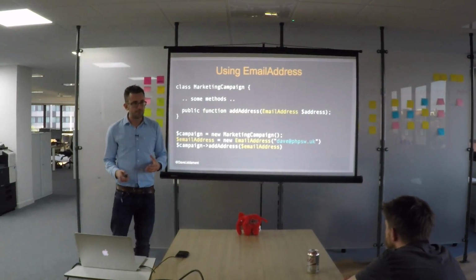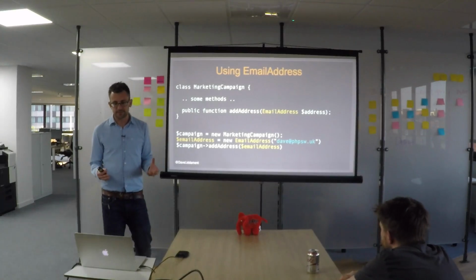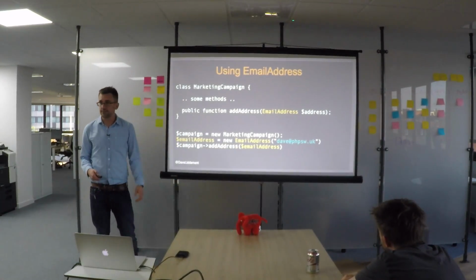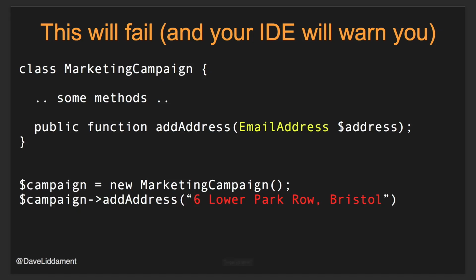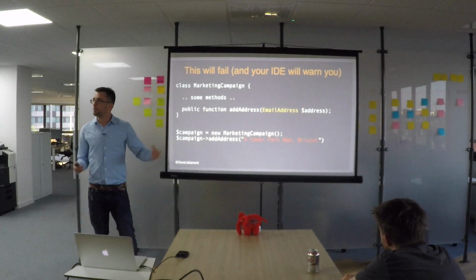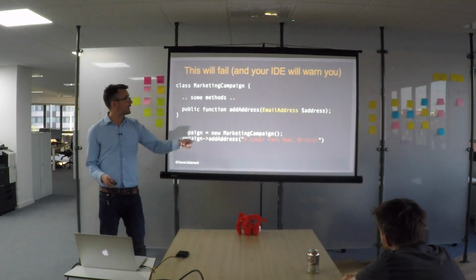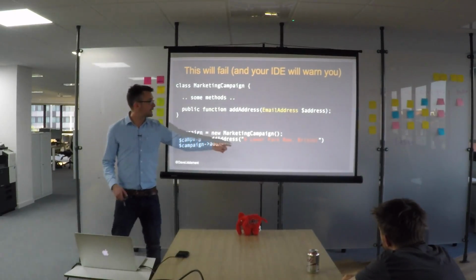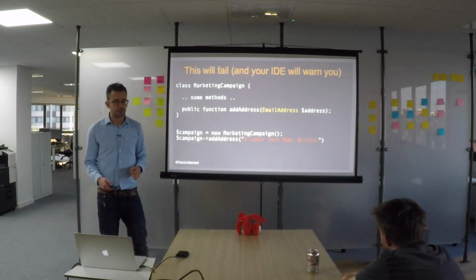And we do whatever we do, however we get our email address, we create an instance of the email address, and we pass it to the add address. So if we try to do the bug we did last time, this would fail either when you ran this line, or better still, your IDE would tell you that this is a mistake, because you're passing in a string, and it's actually expecting an email address.